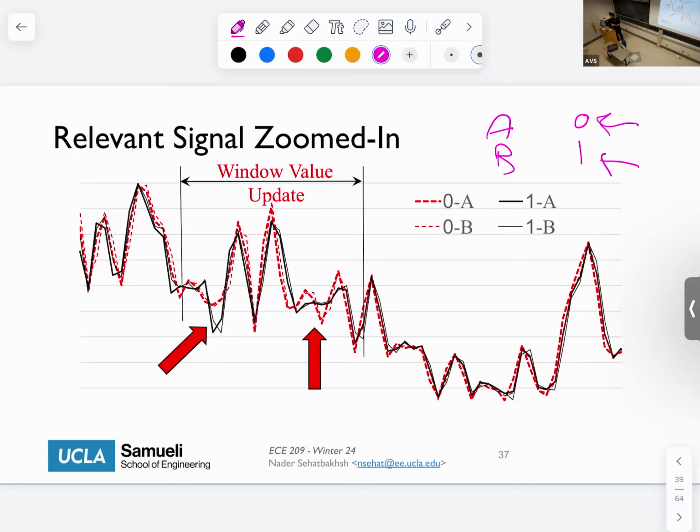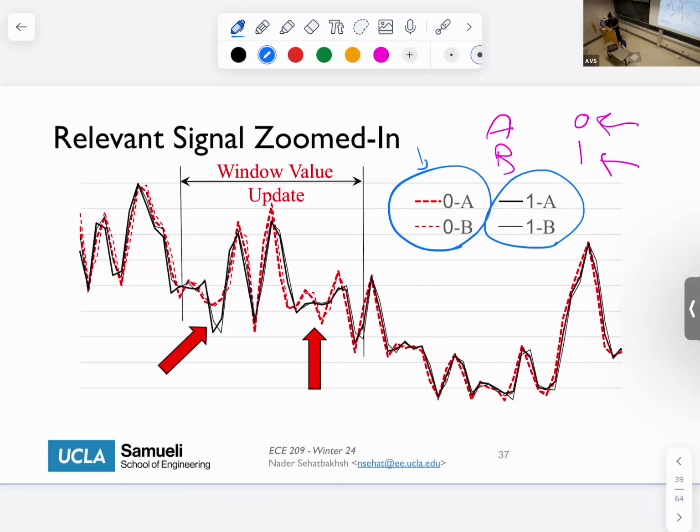For both device A and device B, the secret equal to 0 looks like this, versus the secret equal to 1 looks like the black signal here. And you can clearly see the difference between the black one and the red one, right?